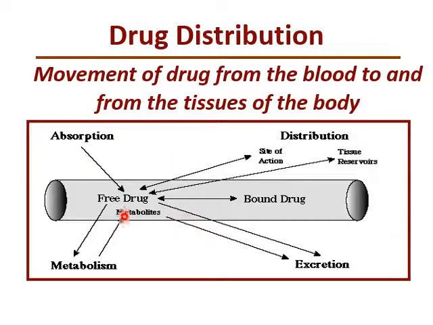It can come out to liver, various places, but the frame of reference is always the capillary. And I do want to give you a little bit of a working definition. Drug distribution is the movement of drug molecules from the blood to and from the tissues of the body. So let's talk a little bit more in detail about what distribution is all about.